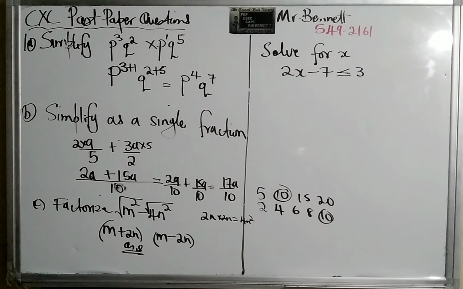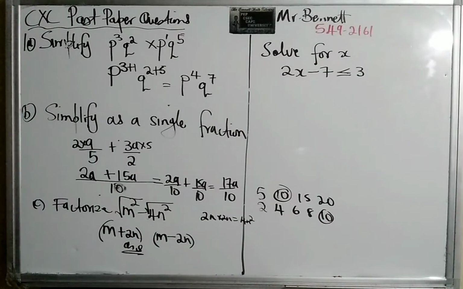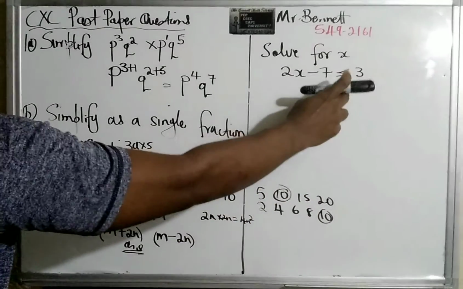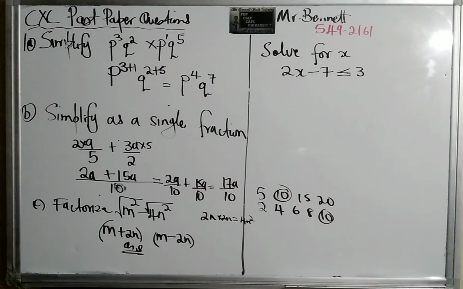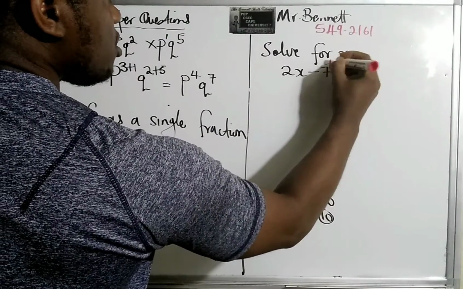Now this is an inequality, and it says solve for x. What we need to do is to get x by itself, and this sign is less than or equal to. So it's a range of values, and we have done questions like that before. So what we need to do is to get rid of that 7 right there. So that minus 7, we're going to take the inverse of minus 7, which is plus 7.